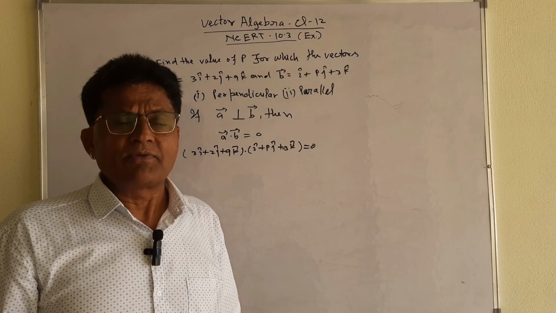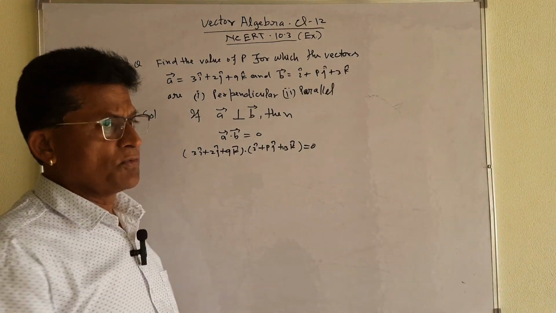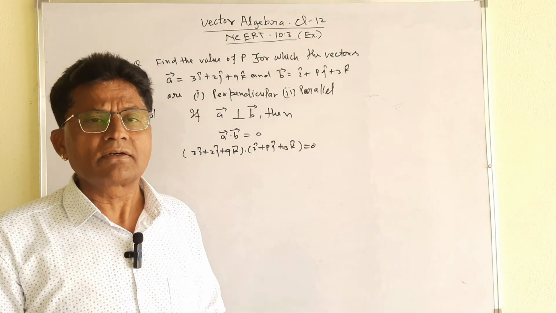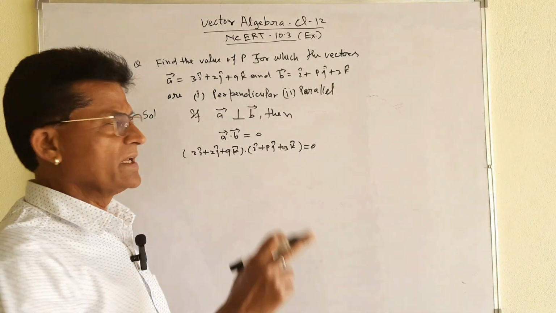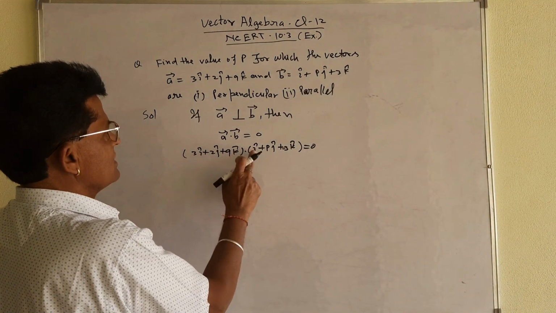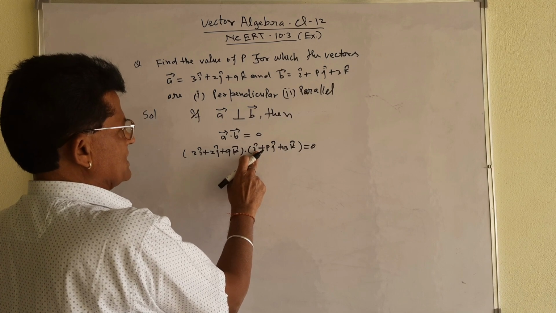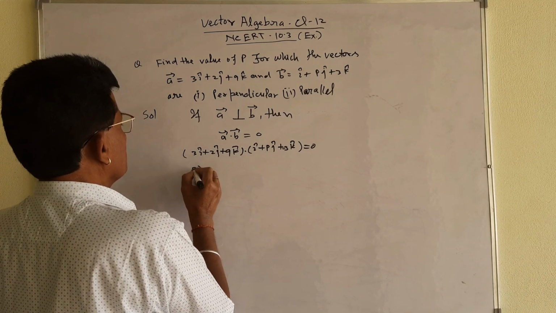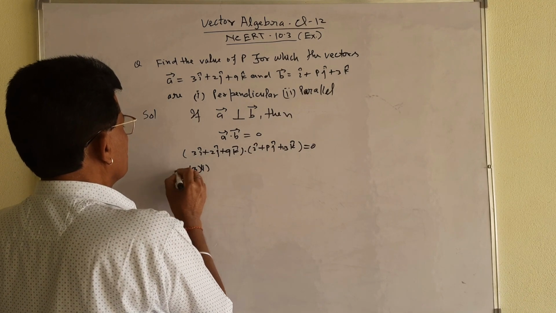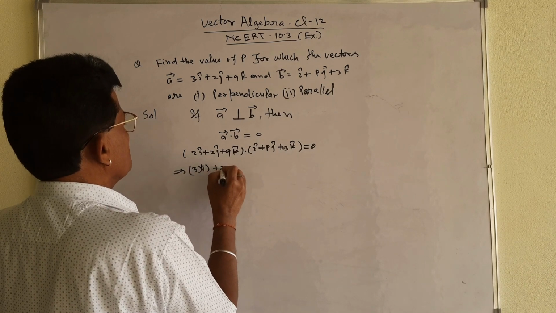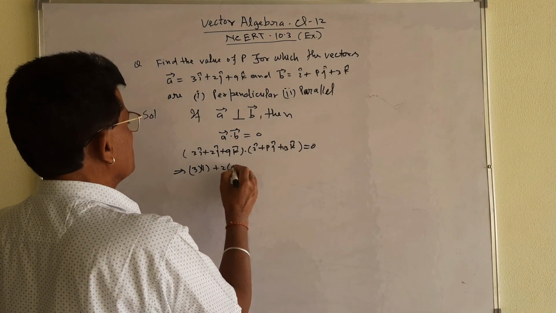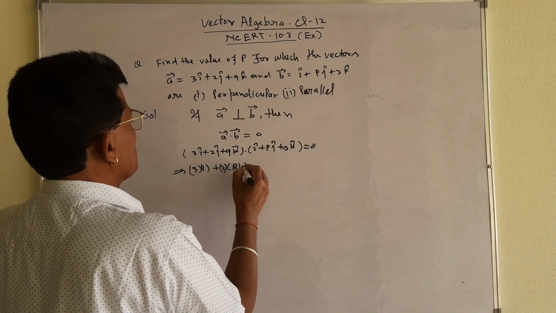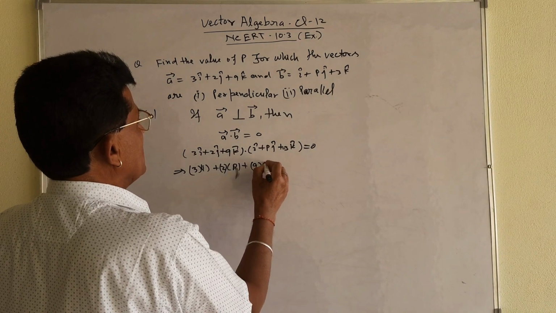You must keep in mind one thing: while getting the dot product of two vectors, you will have to take the multiplication of the corresponding scalar components only. 3 with the i component in the second bracket, 3 into 1, plus 2 and p, it will be 2p, plus 9 and 3.